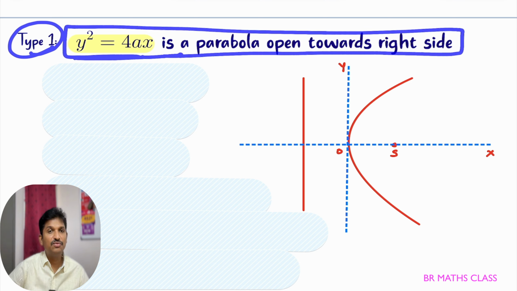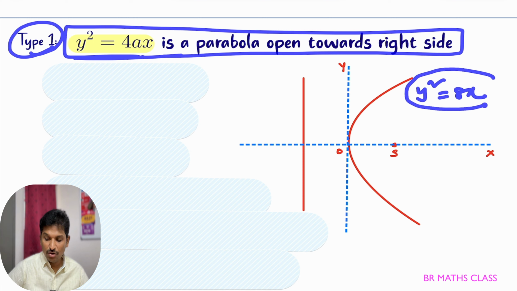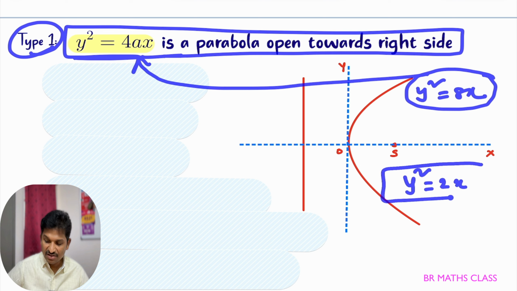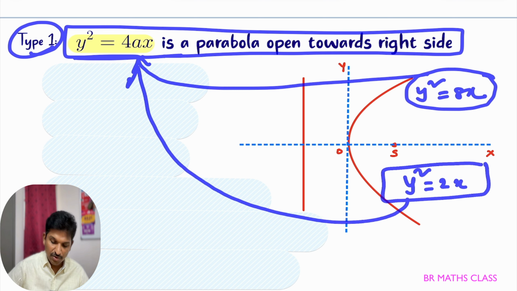You need to know this whenever you see this type of equation. For example, y square equal to 8x, for which you need to draw the diagram, is of the form y square equal to 4ax. Suppose you got y square equal to 2x. This is a parabola because it is in the form y square equal to 4ax, and it opens towards the right side. This you need to know.